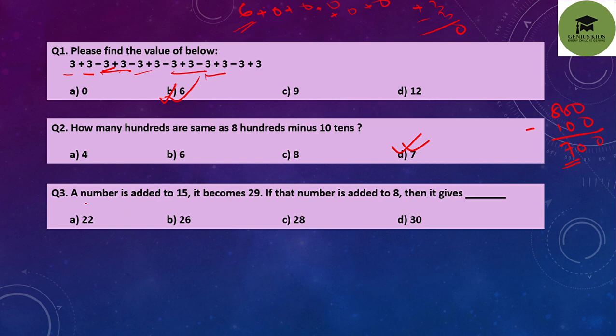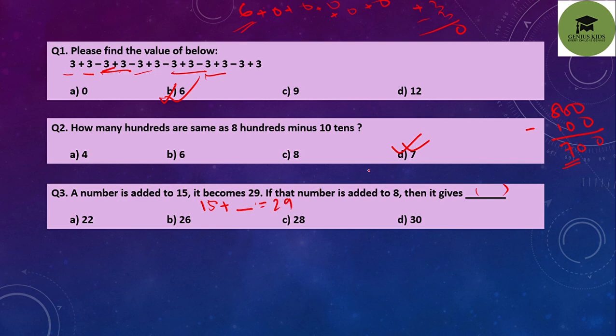Next question. A number is added to 15, it becomes 29. If the number is added to 8, then it gives what number? So we can write 15 plus something gives 29.